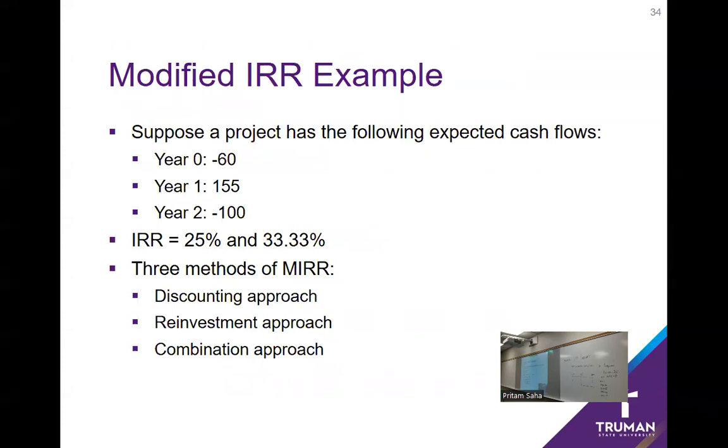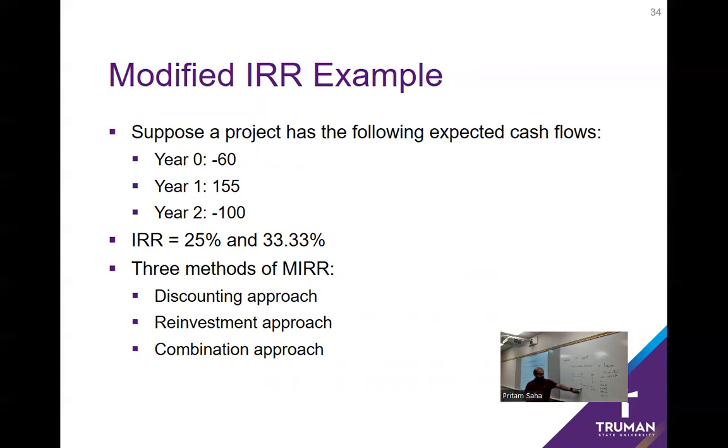What is the 1 year future value of the inflow? 155? Negative or positive? It's a positive cash flow. Yeah, positive 186. Right? Anyone getting a different number? No? We're good. So now the new cash flow is minus 60 here.